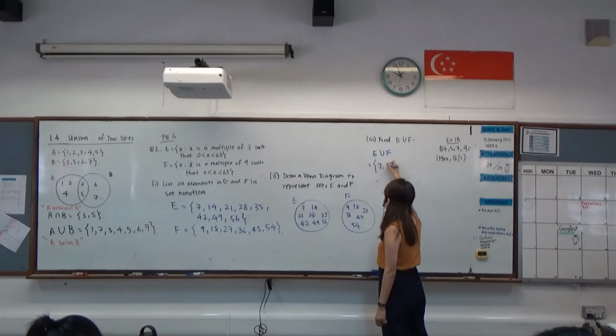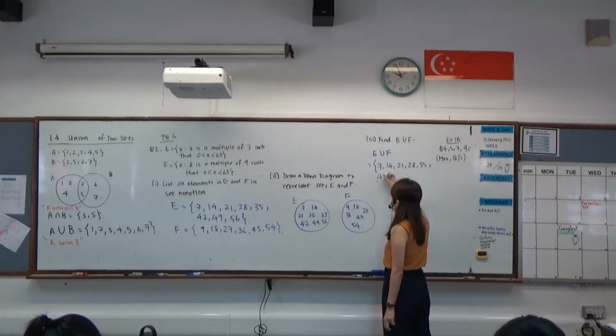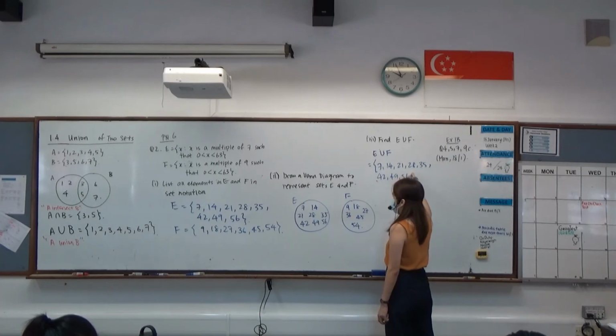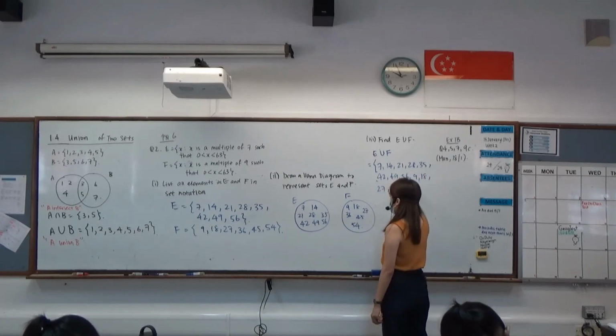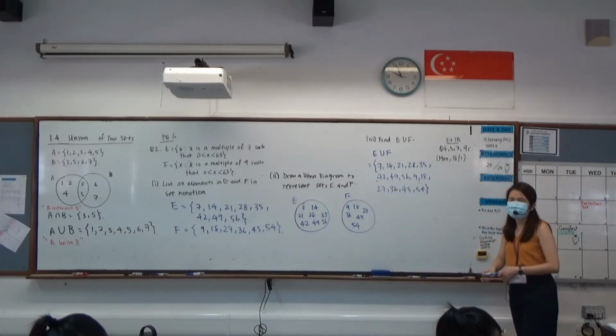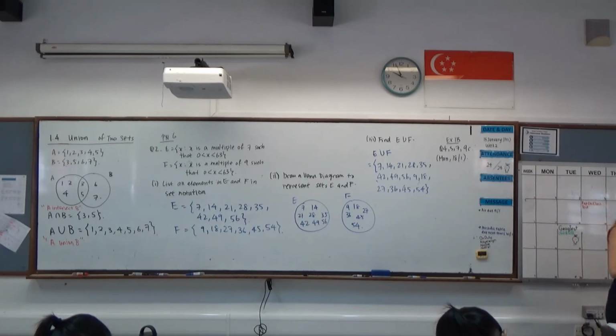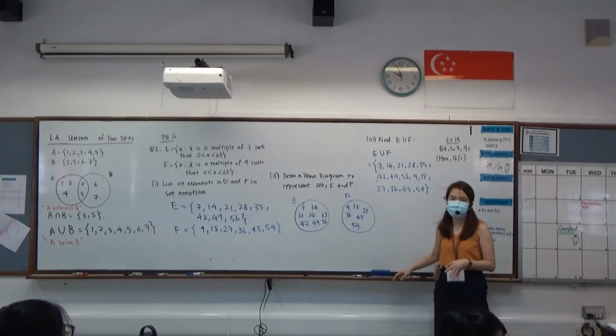So 7, 14, 21, 28, 35, 42, 49, 56, 9, 18, 27, 36, 45. There is no need for us to arrange in increasing order. So if you have some OCD that wants things to be neat and orderly, please control yourself.